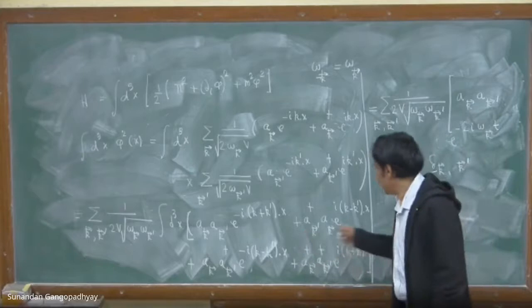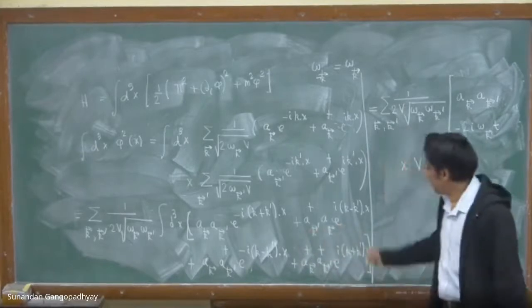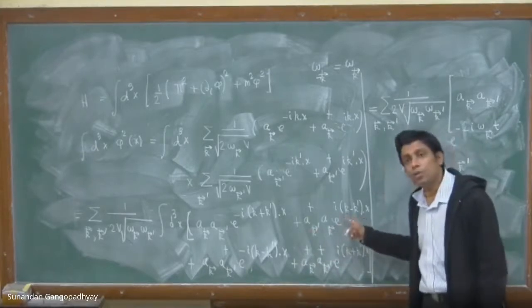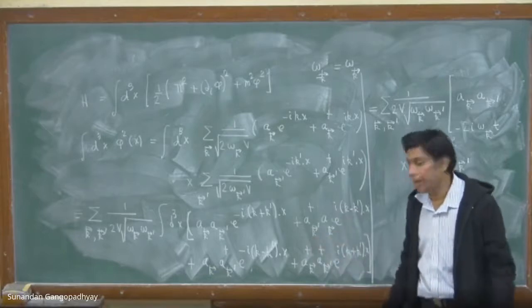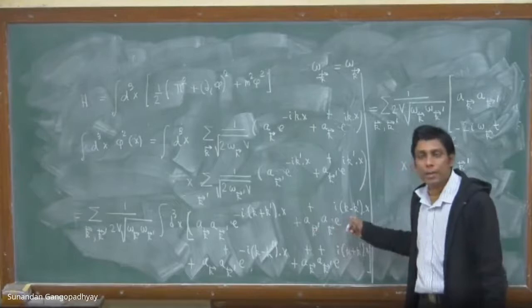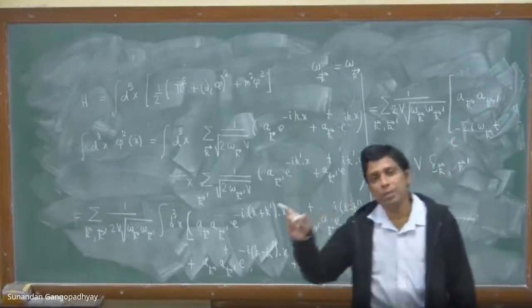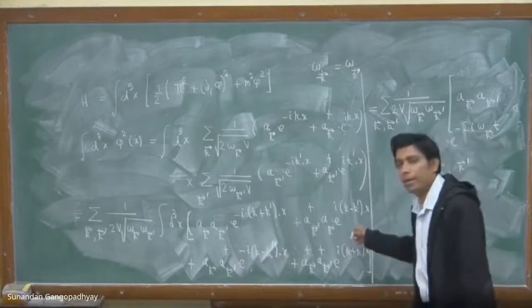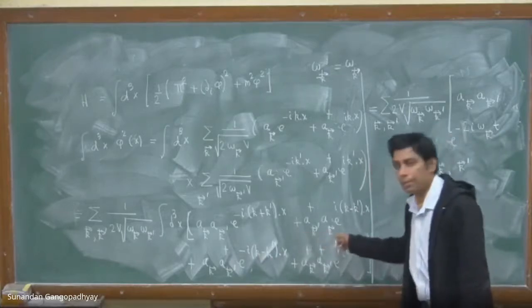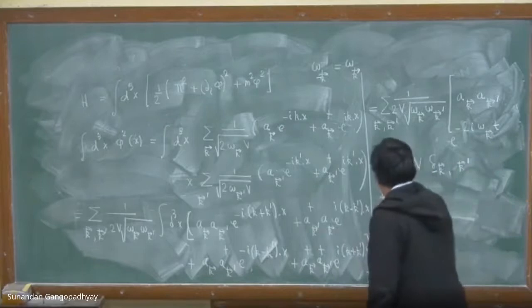Now look at the second term. Come to the second term. Here what will happen? We'll have omega k minus omega k prime. But we have a Kronecker delta which says that k prime is equal to k. Therefore, omega k minus omega k prime is basically omega k minus omega k, which is 0. Therefore, e to the power of 0, that is 1. Therefore, this factor will no longer be there for this term. And what we shall have is plus.